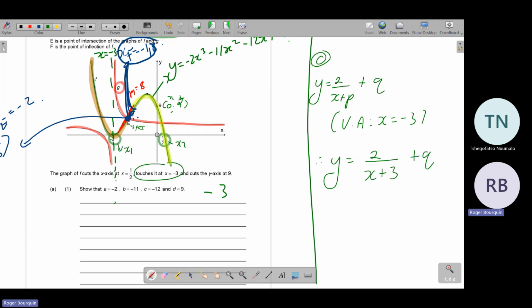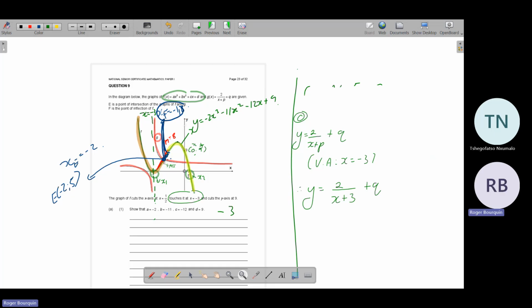Do I know another point on this graph? What point do I know? We know E. What are the coordinates of E? Negative 2, 5. Negative 2 and 5, right? So you're going to sub in and solve for q.